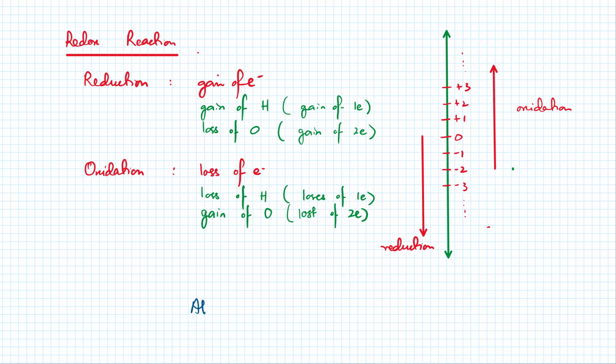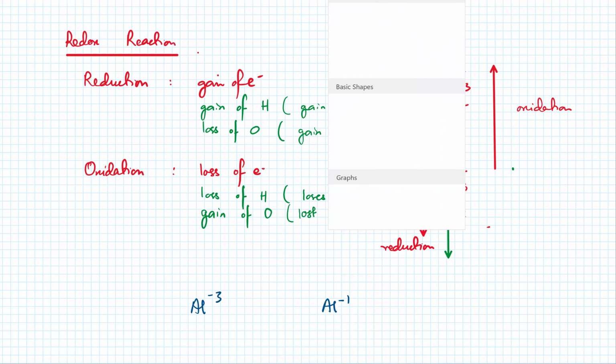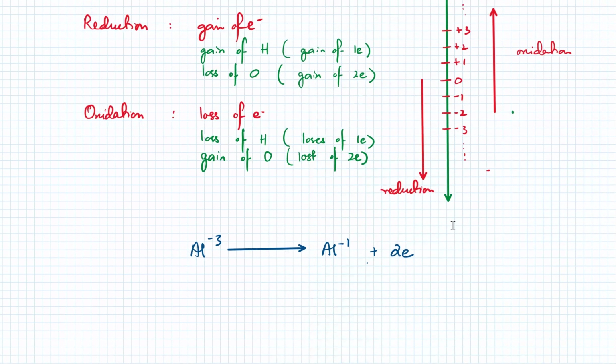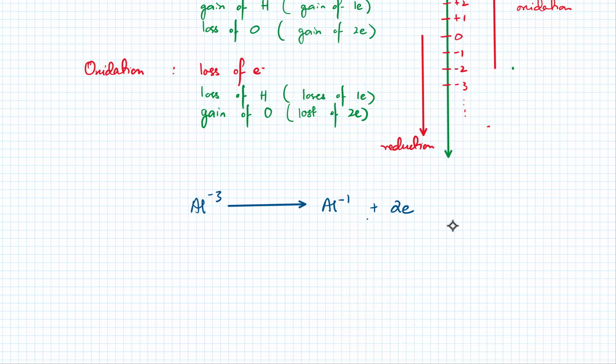So very quickly, can somebody tell me what's happening over here? If Al goes from -3 to -1, did it lose electrons? Did it gain electrons? It lost electrons. You're going from -3 upwards to -1. So that means it lost exactly how many electrons? 2 electrons, right? That's oxidation.